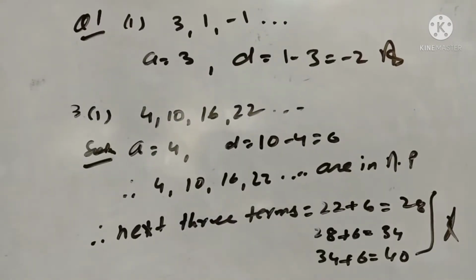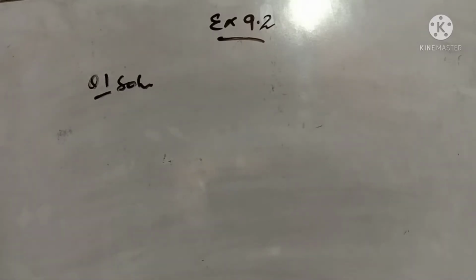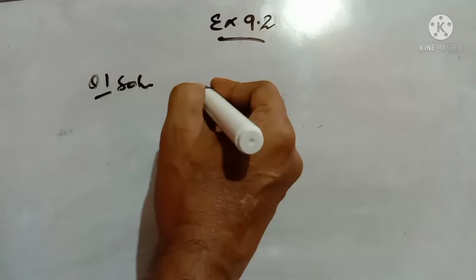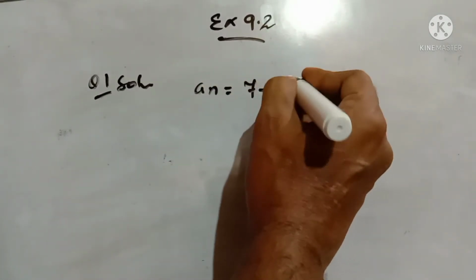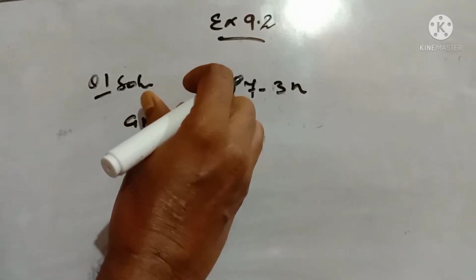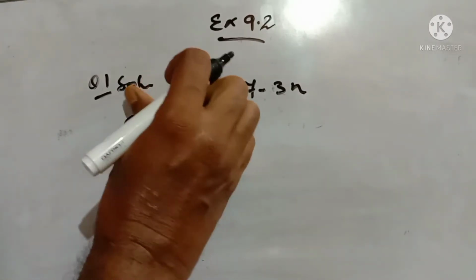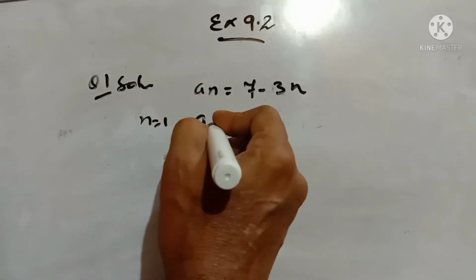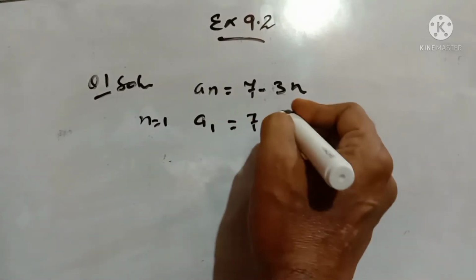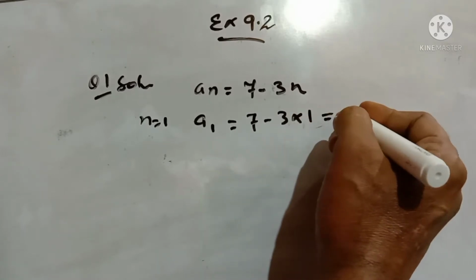Write down please. 9.2 is given. First question: find the AP whose nth term is 7 minus 3n, also find the 20th term. Here it is given an is equal to 7 minus 3n. If n equals 1, therefore a1 equals 7 minus 3 into 1, that is 4.